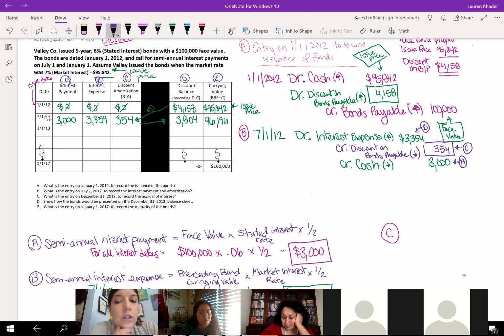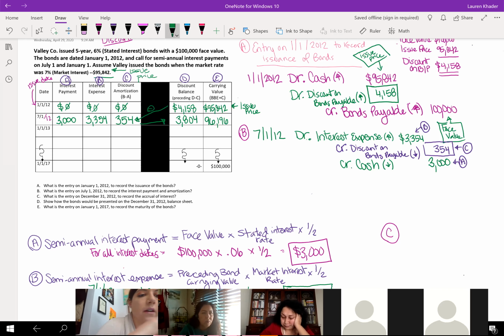So the journal entry for January 1st will look slightly different. The calculations will be the same though. So how much interest will be paid on January 1st, 2013?